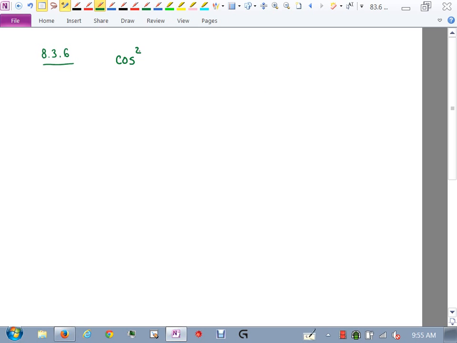Cosine squared 2 theta plus 2 cosine 2 theta equals 0.